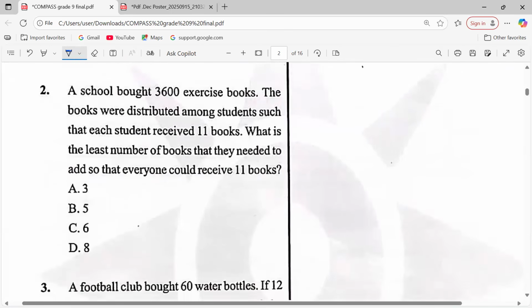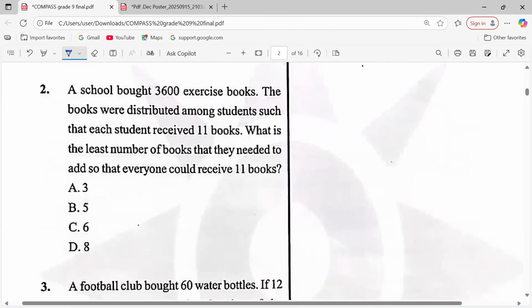Number 2, a school bought 3,600 exercise books. The books were distributed among students such that each student received 11 books. What is the least number of books that they needed to add so that everyone could receive 11 books?